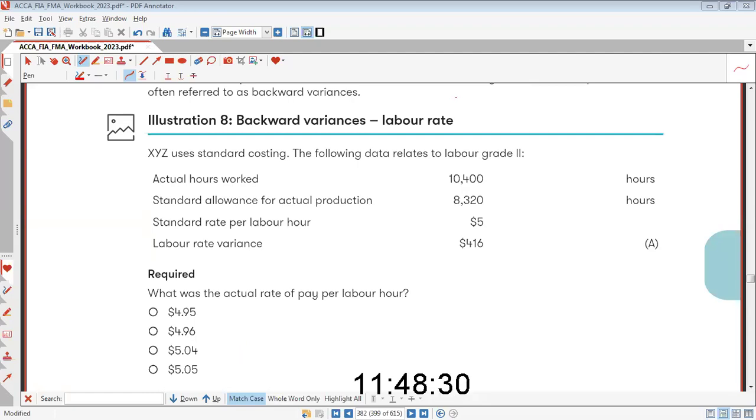Yes, you have a question? Yeah, it's about that number, the variable overhead expenditure variance. Let me go there.